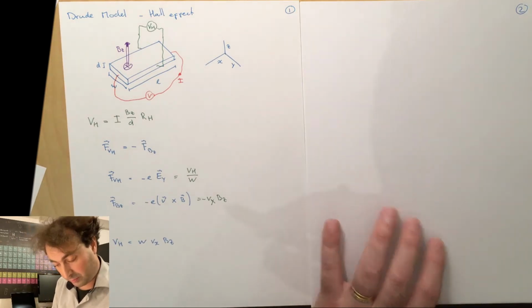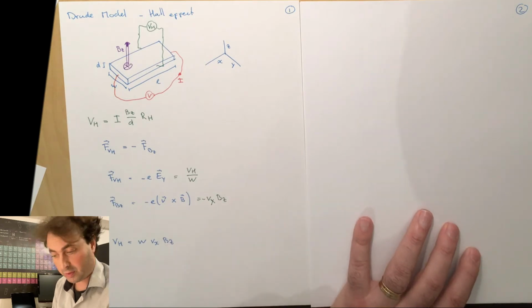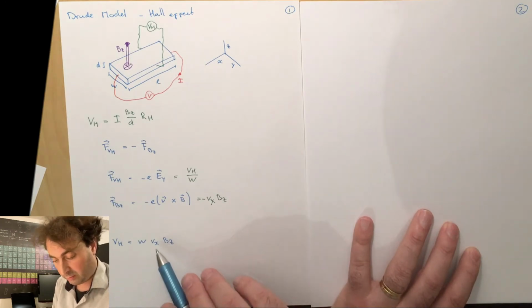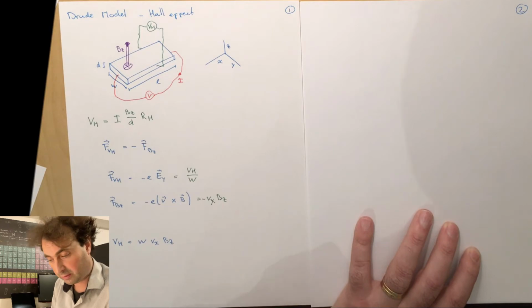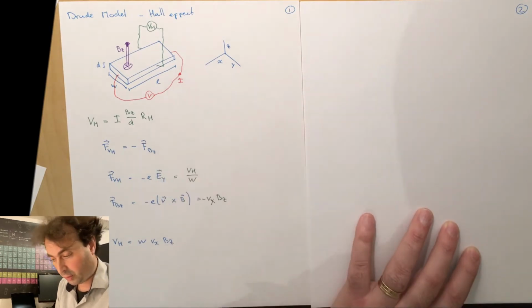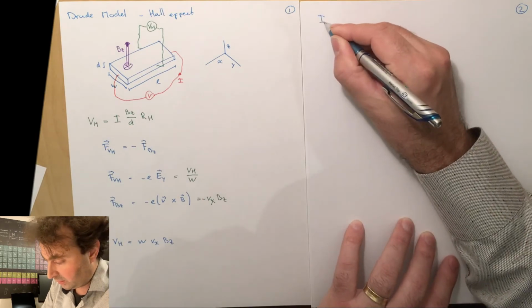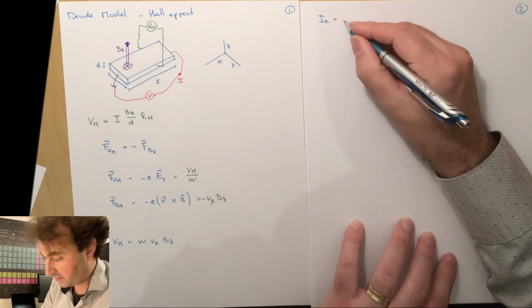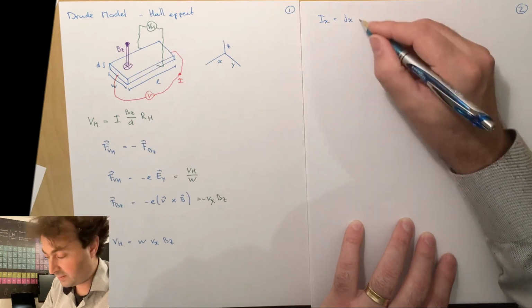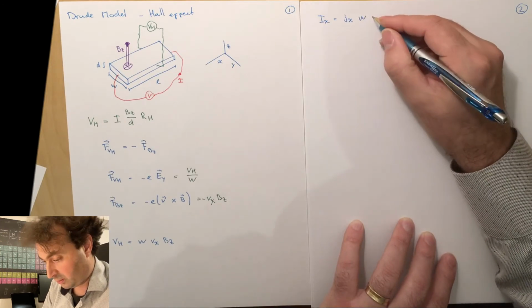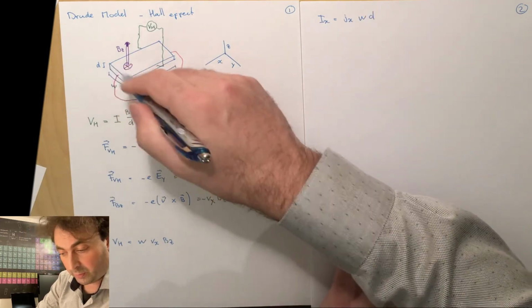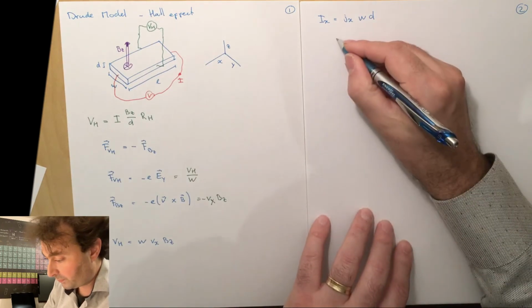We can now see if we can relate the velocity of our electrons to things like the current. And of course we can do that. We know that our current is given by the current density times the area through which that current density flows.